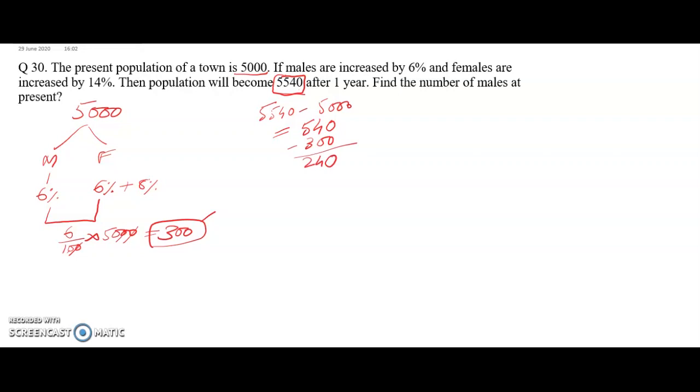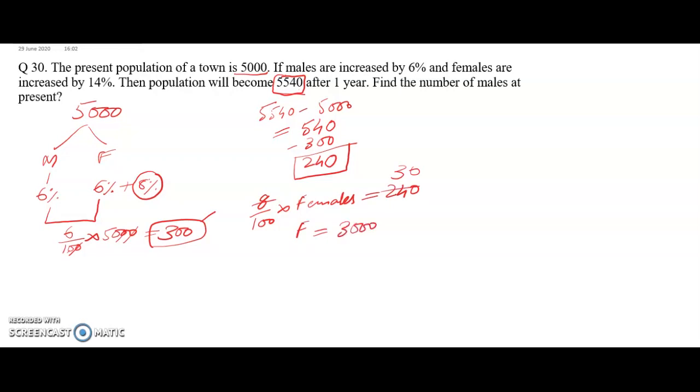And this 240 population is increased because of this 8% increase in females. Now 8% of females will give us 240. So females will be how much? 3000.